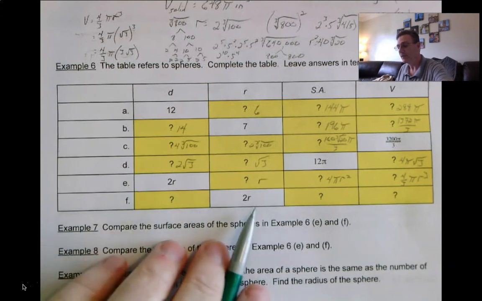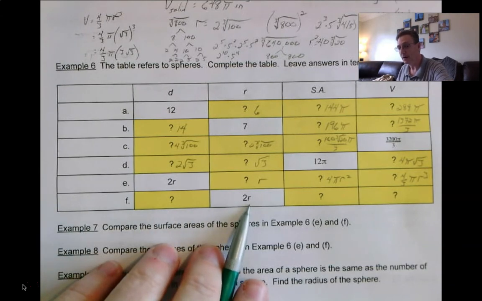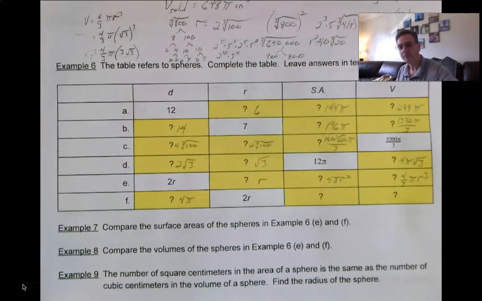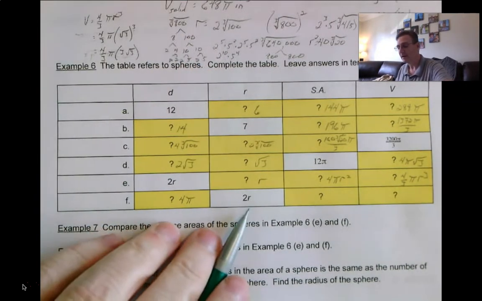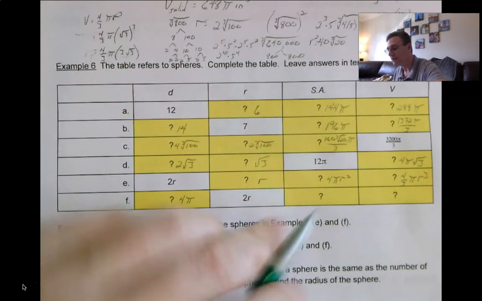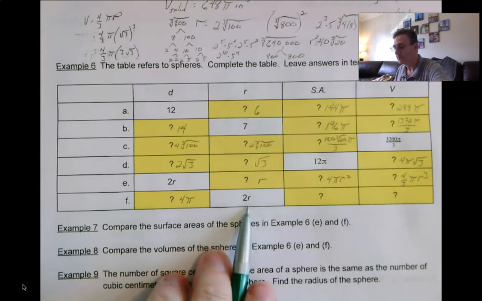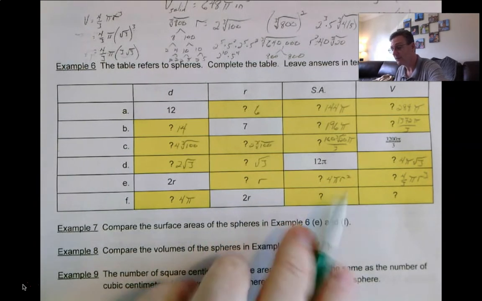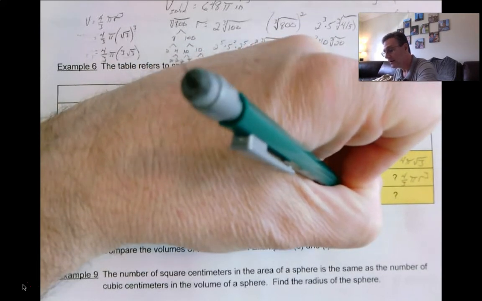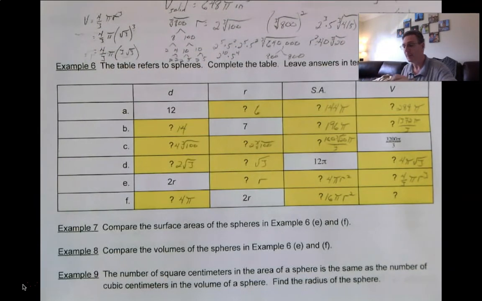F. If the radius is 2r, then the diameter is 4r. If the radius is 2r, then the surface area: put this into the r squared. This becomes 4 times 2r squared, and the 4 becomes 16 pi r squared.